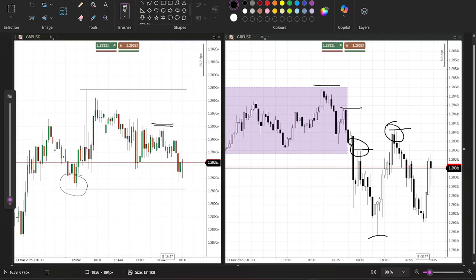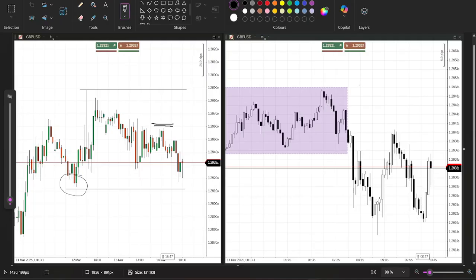This is higher. We retrace back down. Notice the gap getting filled, and I was long of this. I didn't screenshot that trade, but I was long and targeting the other side. So down, up.